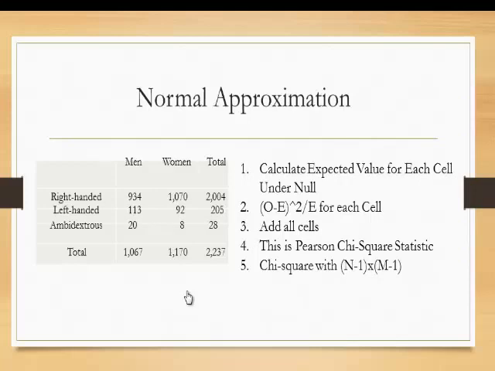In this survey there were 1,067 men and 1,170 women. So the distribution of right-handed people between men and women would be in this proportion, 1,067 to 1,170, if the null hypothesis is true, that there is no difference between men and women. So that would be the expected value under the null.